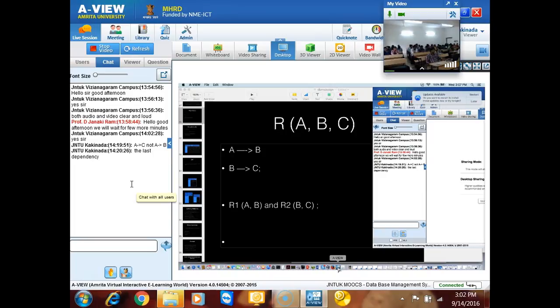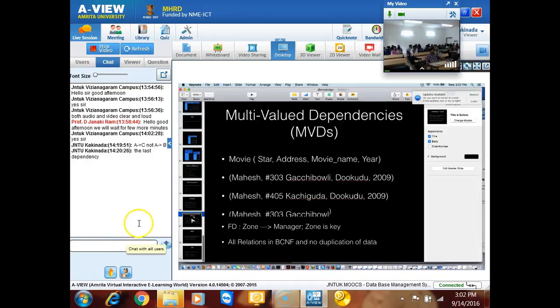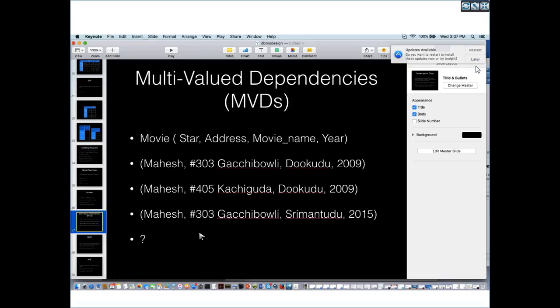Any questions? Otherwise, we will take multi-value dependencies and stop there in today's class. We will see the multi-value dependencies and the join dependencies, and that should complete normalization and relational database design.